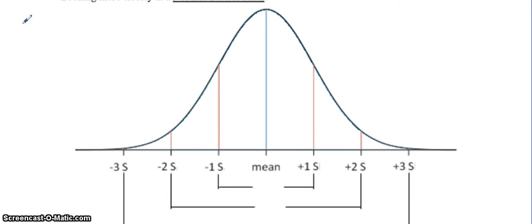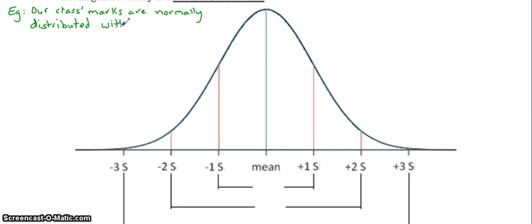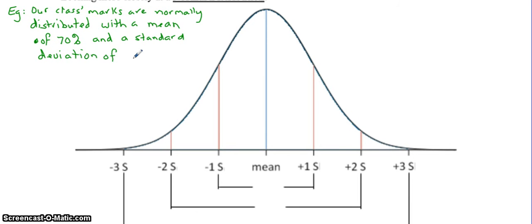So let's take a look at an example. In this example, let's say that our class's marks are normally distributed with a mean of 70 and a standard deviation of 8.